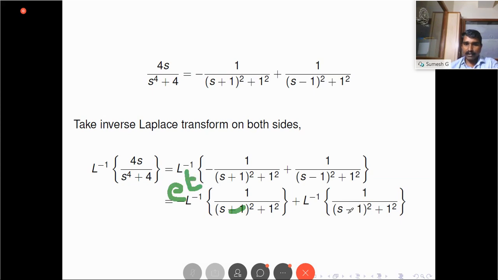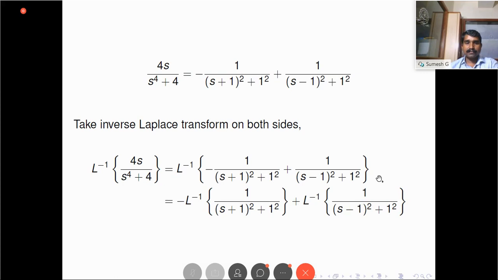And to eliminate the effect of this minus 1, we have to multiply the second term by e raised to t. So it becomes e raised to minus t into inverse of 1 by s square plus 1 square, plus e raised to t into inverse of 1 by s square plus 1 square.